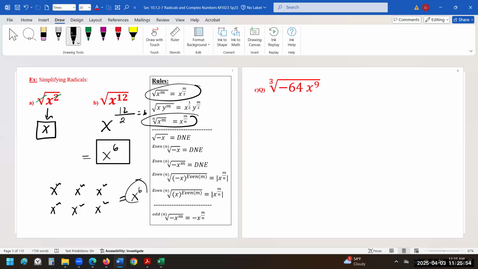The next one has both numbers and variable. So when you have this, we split them into 2 pieces. One is for the number and one is for the variable. So cube root of negative 64 and cube root of x to the 9.